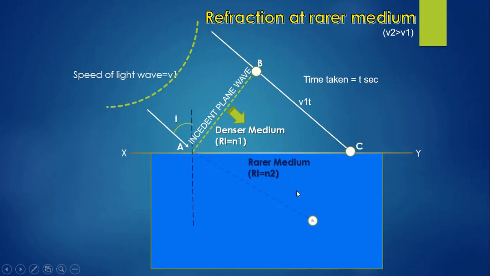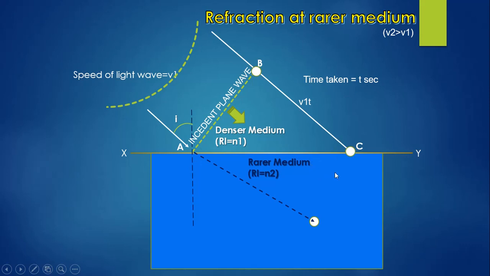Let us assume that now it is entering into the rarer medium. It has covered a larger distance. You can observe here both the distance BC and the distance covered in the rarer medium. If you compare both, this distance is more than the distance BC traveled in the denser medium. We can easily calculate it, because the time duration is t seconds.